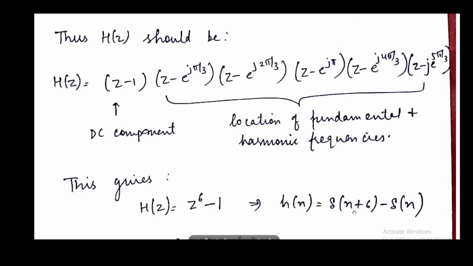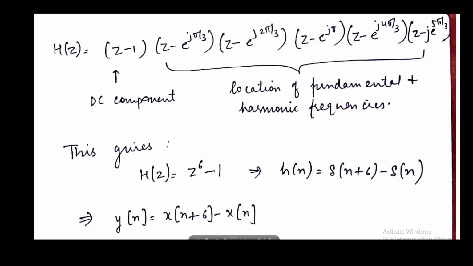So from this you can find the equation for y(n). That also we have learned: if we replace delta by x, then h will be replaced by y. So you can get the equation y(n) is equal to x(n plus 6) minus x(n).